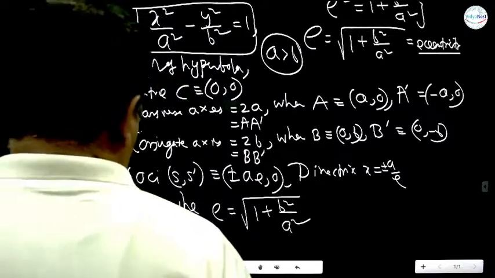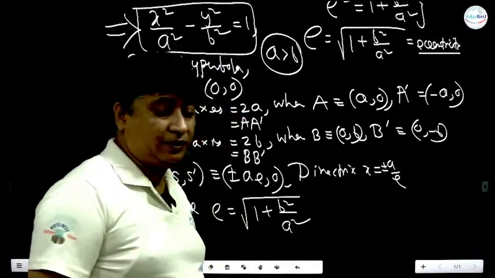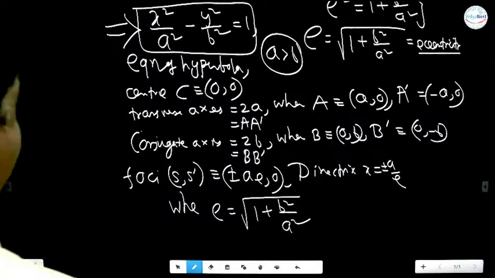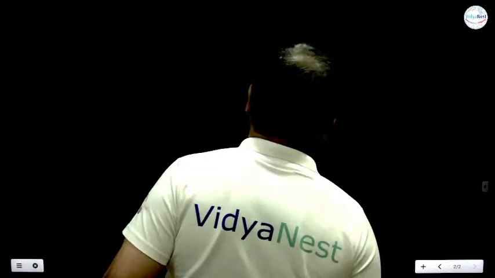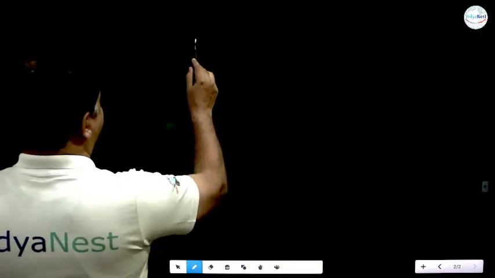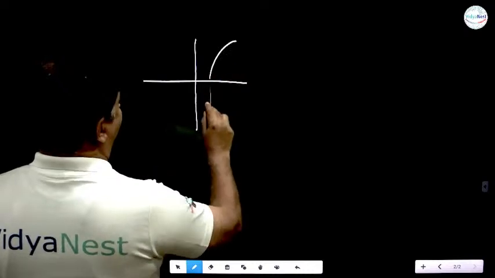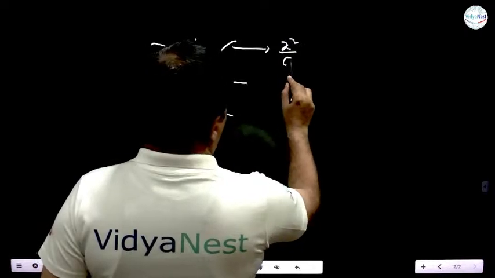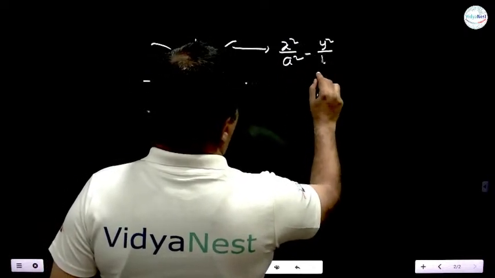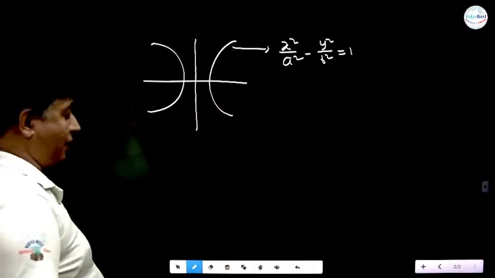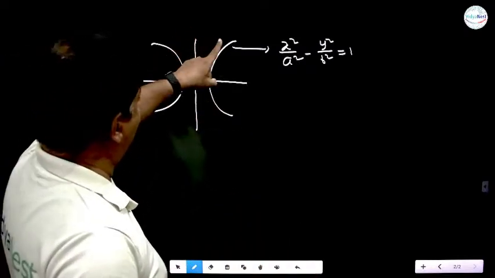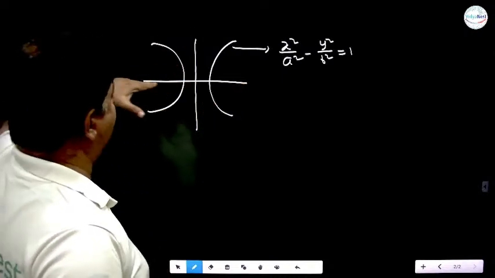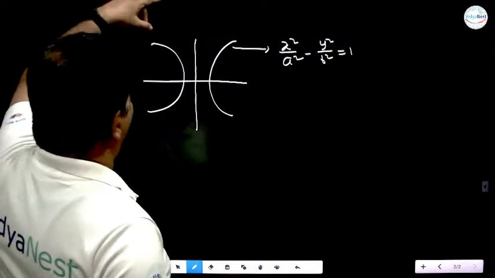Now, conjugate hyperbola. What is that? In the normal hyperbola, we have x square by a square minus y square by b square equals 1. The x-axis is the transversal axis and y is the conjugate axis.